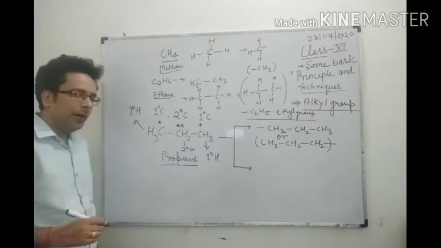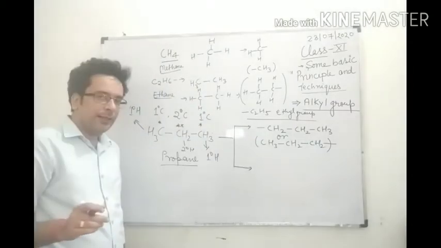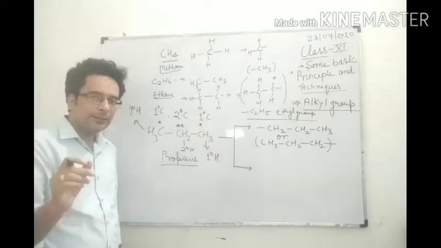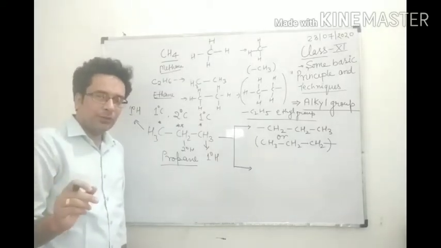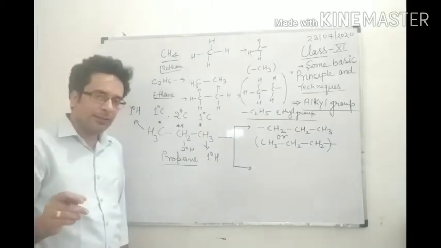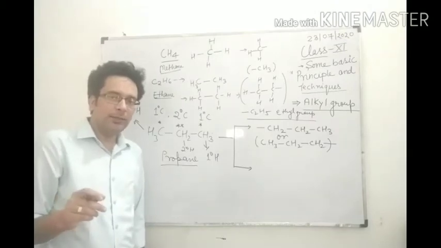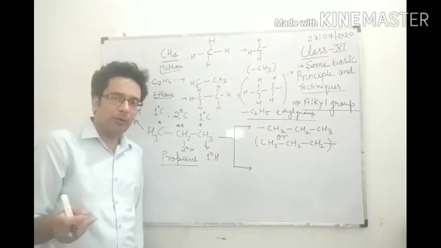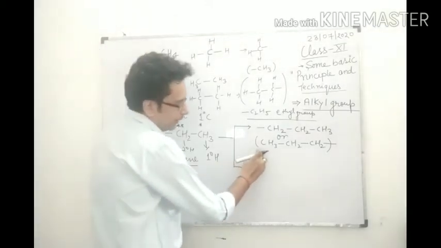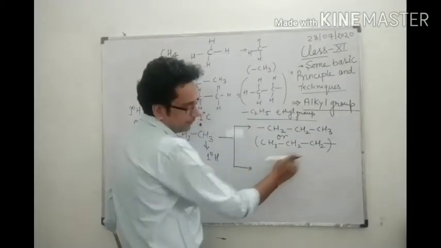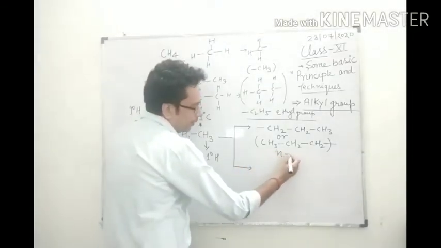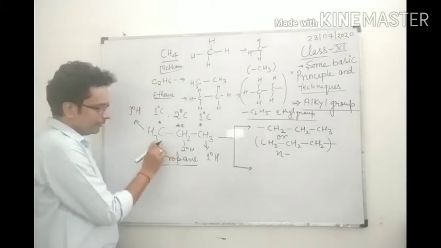Now all of you know very well the use of N: normal, iso and neo. Normal means any organic compound written in a straight chain. So look here, this is written in a straight chain, so we use N. Now look here, this is propane.